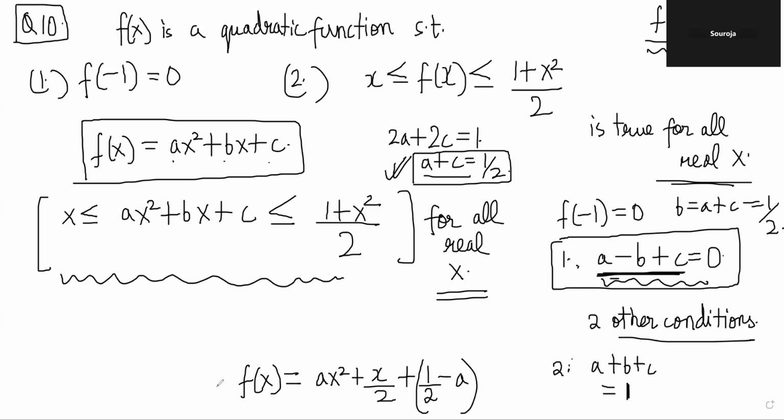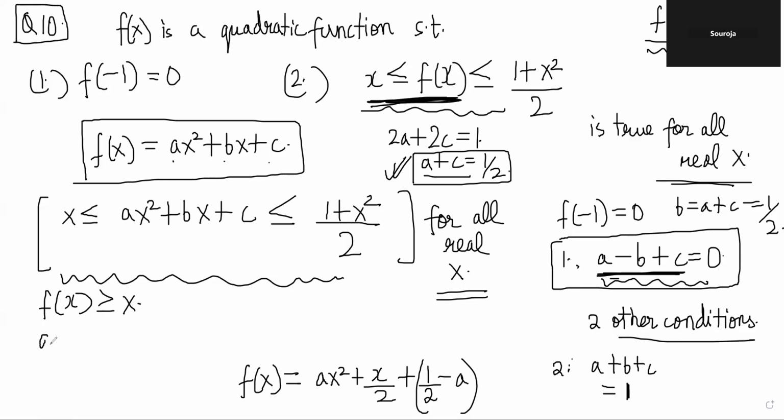And this quadratic should satisfy these conditions. So we can use one of the inequalities. We can say f of x is always greater than or equal to x, right? Correct.